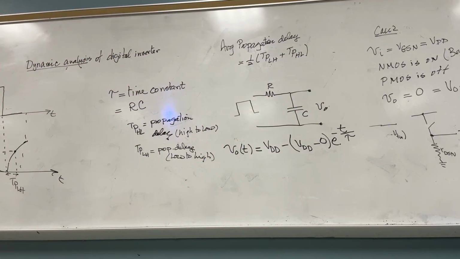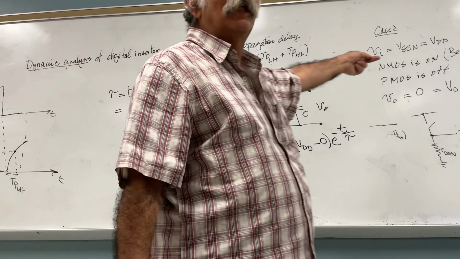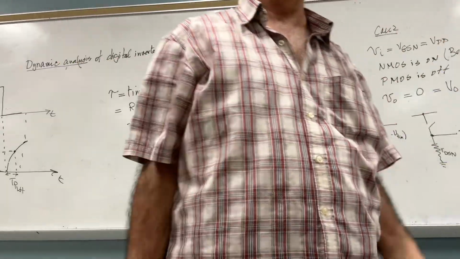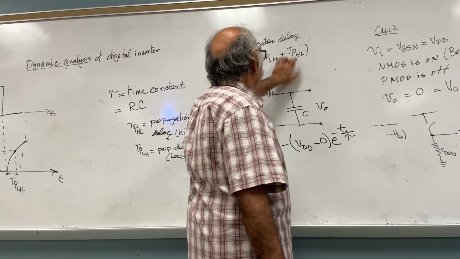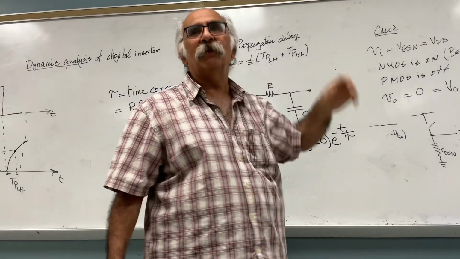Clear? Clear. Okay. By the way, if they happen to be equal, then it will be the same as either one of them. Did you get it or not? If you are adding two, in other words, if this is equal to this, then the overall propagation delay will be either one of them.